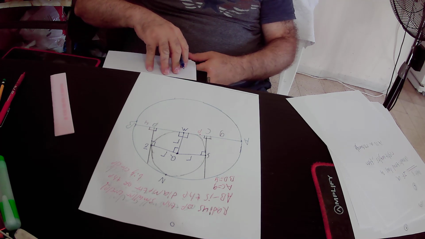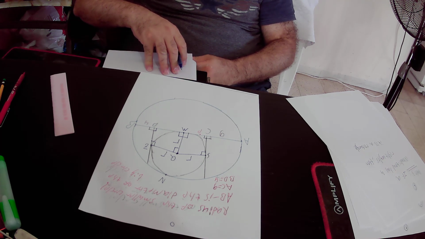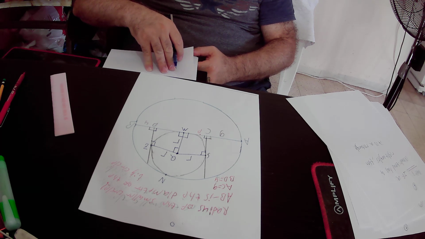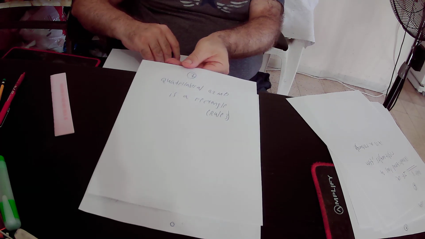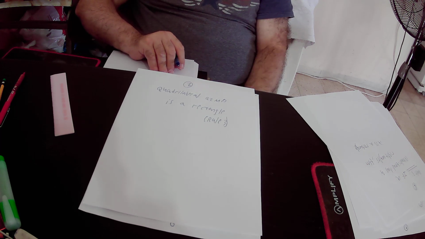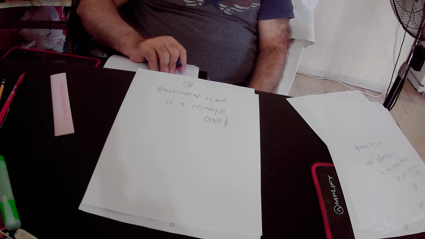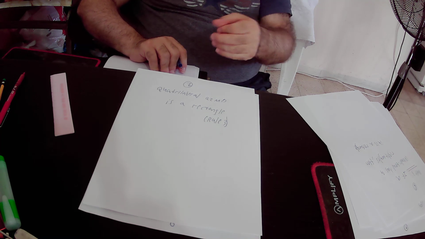Again, according to rule number 3, quadrilateral QZMD is a rectangle because it has 4 right angles.